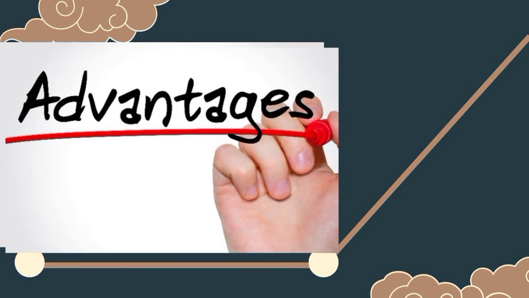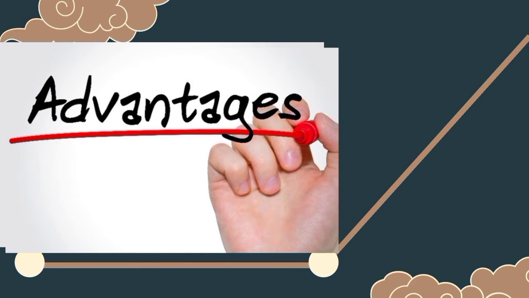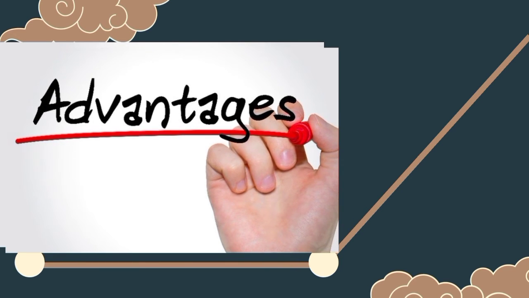One, more capital is available for the business. Number two advantage, better decisions are usually taken by partners. All right. And then number three, combined abilities and skills advance the business.